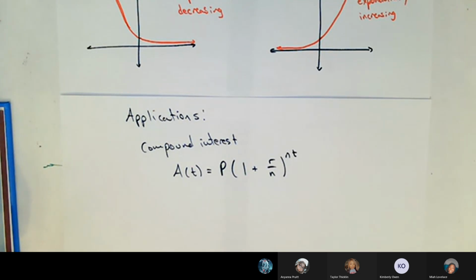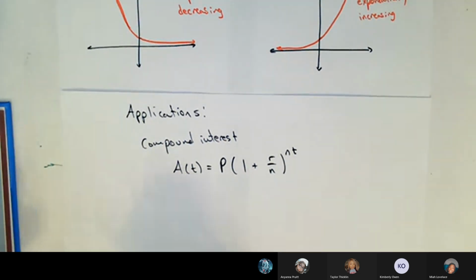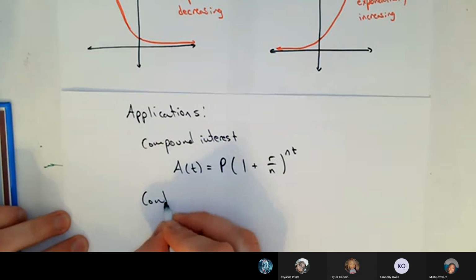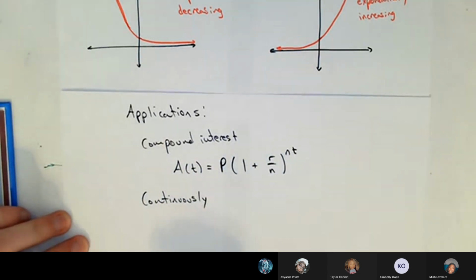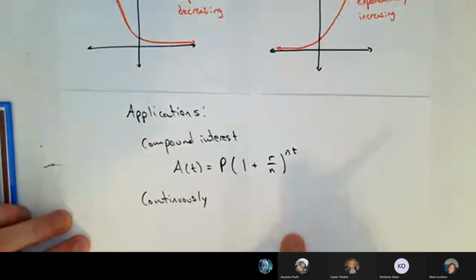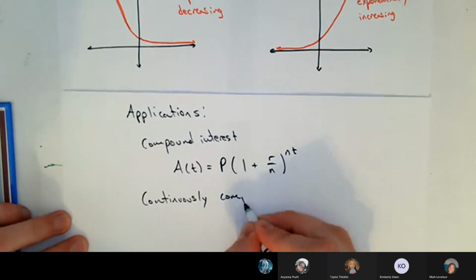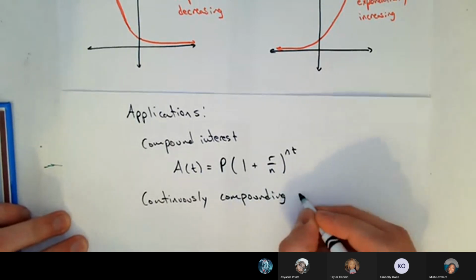Through some algebra that I probably swept under the rug, when we have continuously compounded interest, which means n is approaching infinity, so instead of compounding every day, it's every hour, every minute, every second, every millisecond, every nanosecond, we had a new formula that involved that special number e.